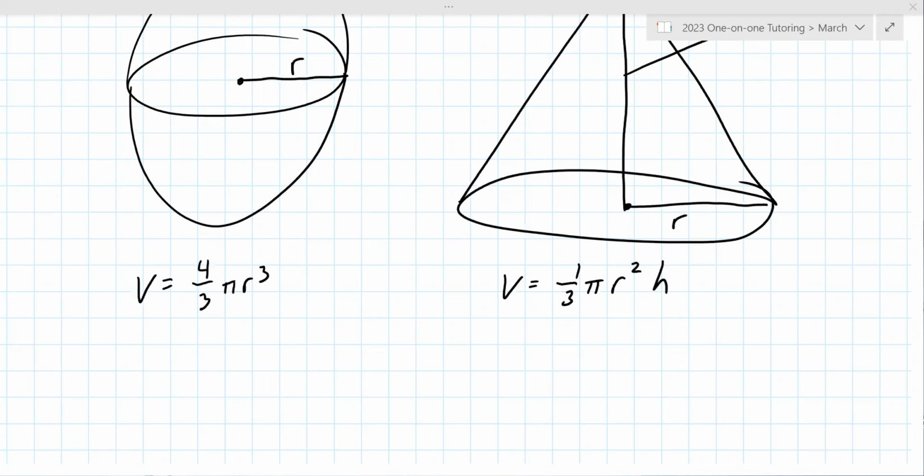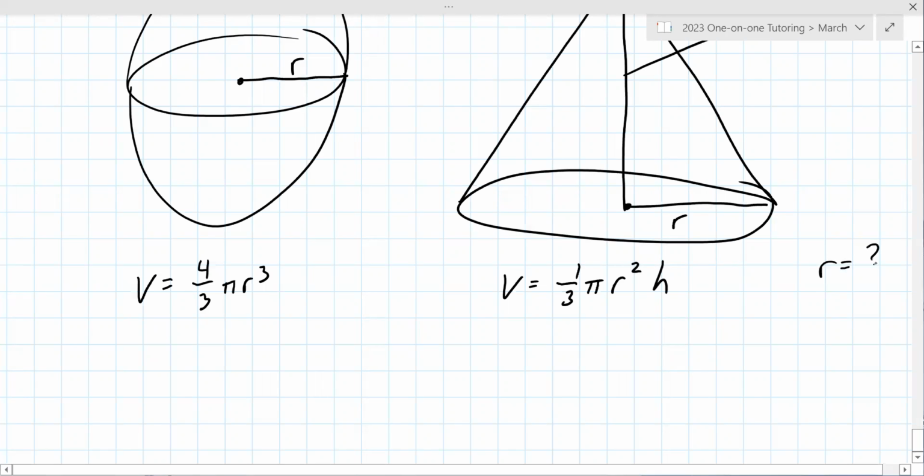Then pi and r squared cancel. So 1/4 of 12 equals r. So is r equal to 3? Possibly. Sounds pretty close.